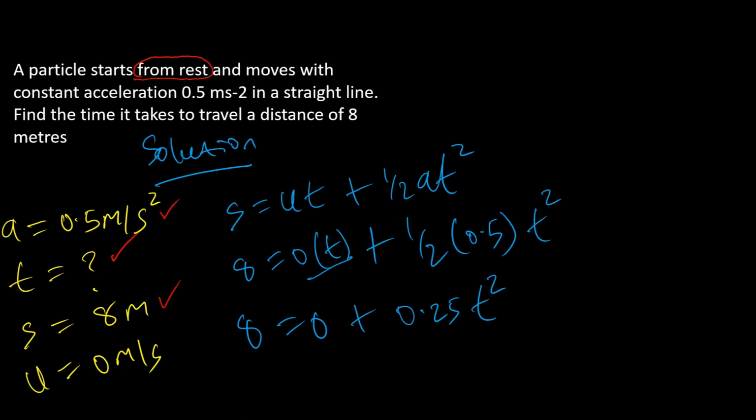This 0 will come over here, so we're going to have 0.25 t square is equal to 8 minus 0. So 0.25 t square is equal to 8 basically. And you're looking for t, divide both sides by 0.25.